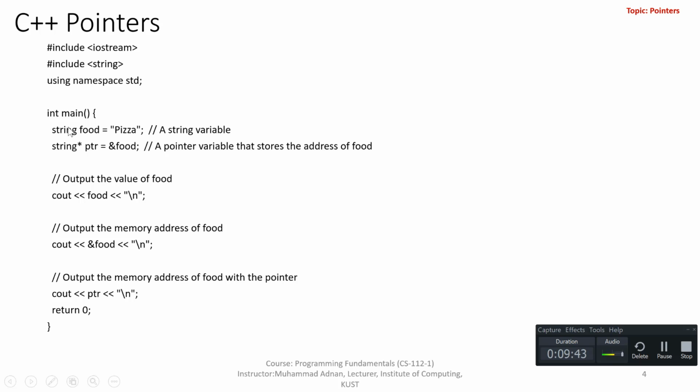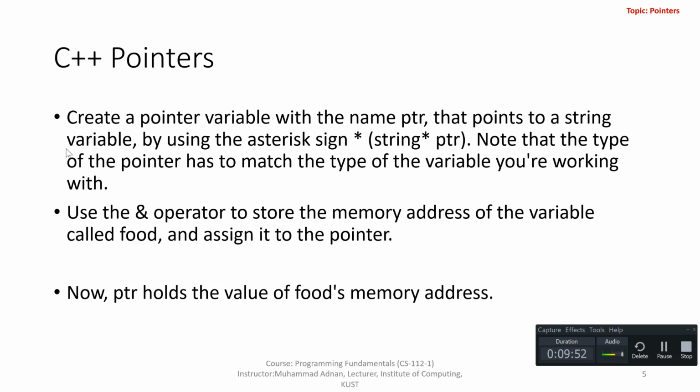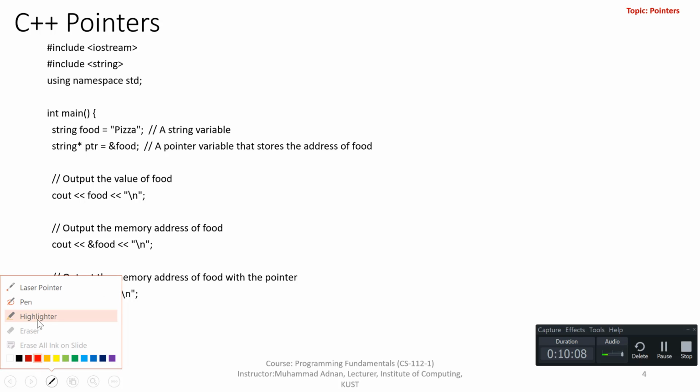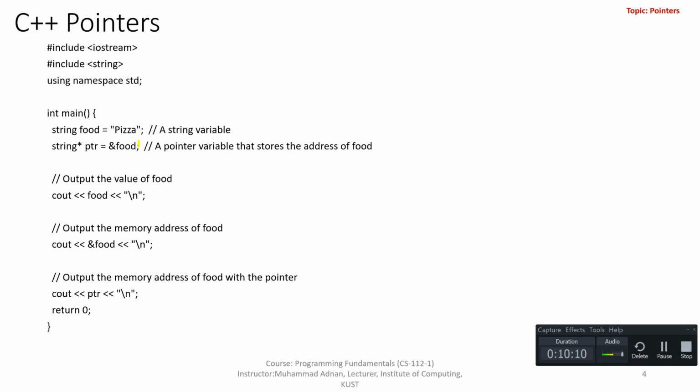If the data type of food was int, we would have to declare the pointer with the data type int. Okay, use the ampersand operator to store the memory address of the variable called food and assign it to the pointer. So in our case we use this ampersand sign to get the address of the food variable, and after that we put it in the pointer variable.